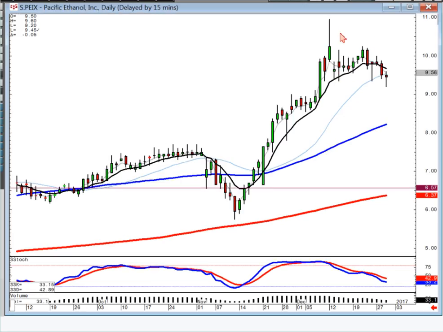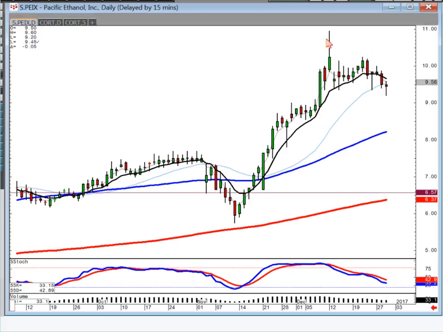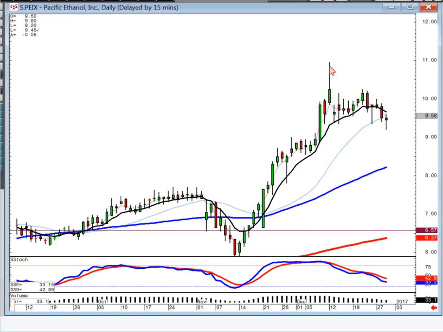When it comes back down through the T line on a sell signal on your 10-minute chart, that means you're getting out somewhere up in this range. Now, why would you get out up here when you don't have a sell signal? Because you already had the alert that you're that far away from the T line in the overbought condition. It was time to start watching for profit taking.